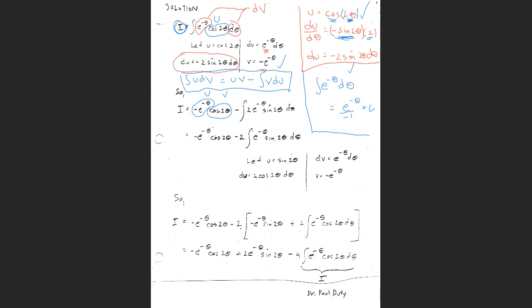So u and v are here, that's the uv part, minus the integral of v du. Yes, this here, the 2e to the negative theta sine 2 theta d theta, that is v du.